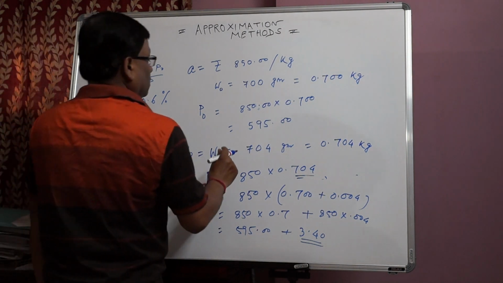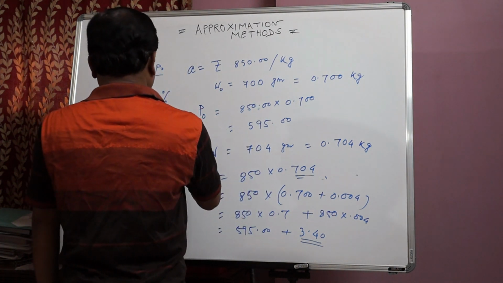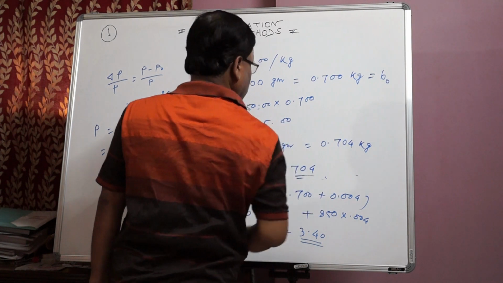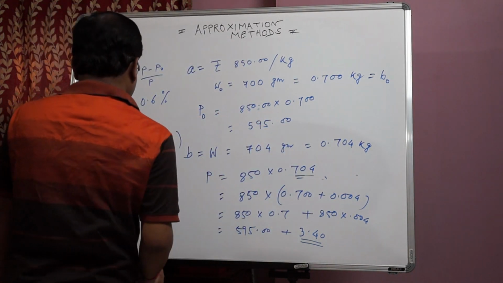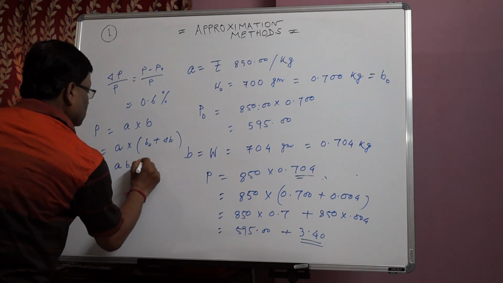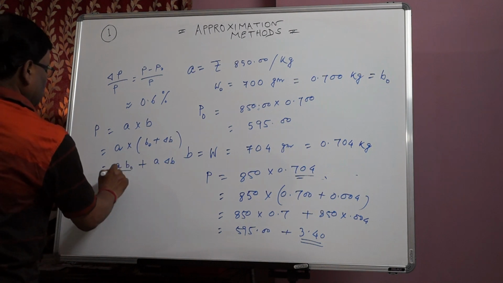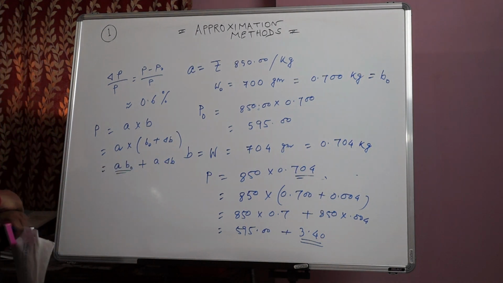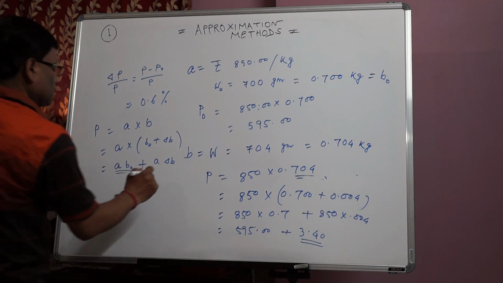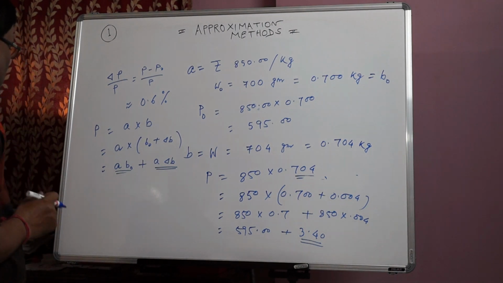I write the exactly solvable part as B0. So this means A B0 plus A into ΔB. This part A B0 is exactly solvable, and this A ΔB is the correction.